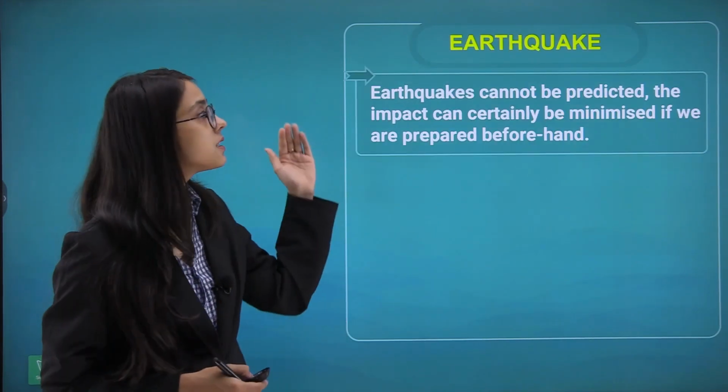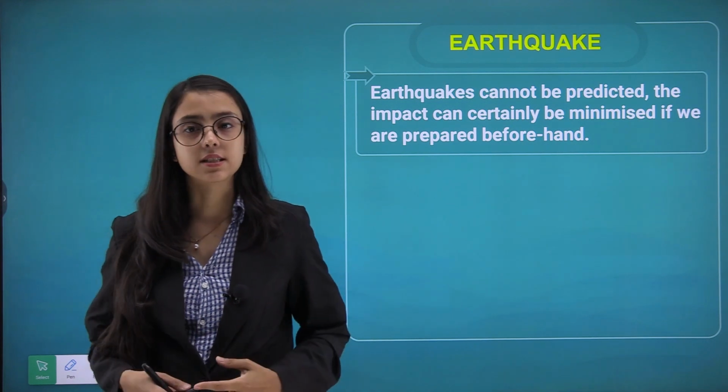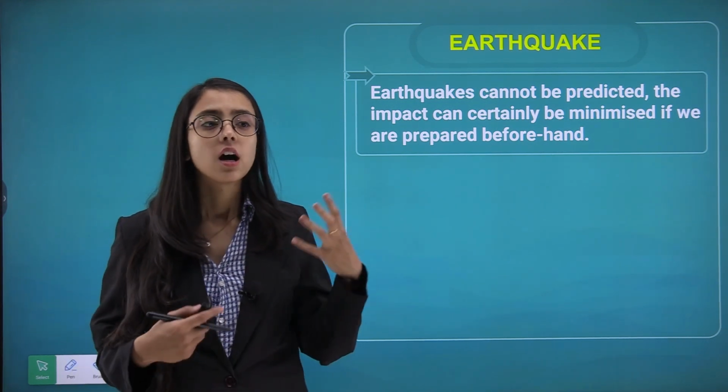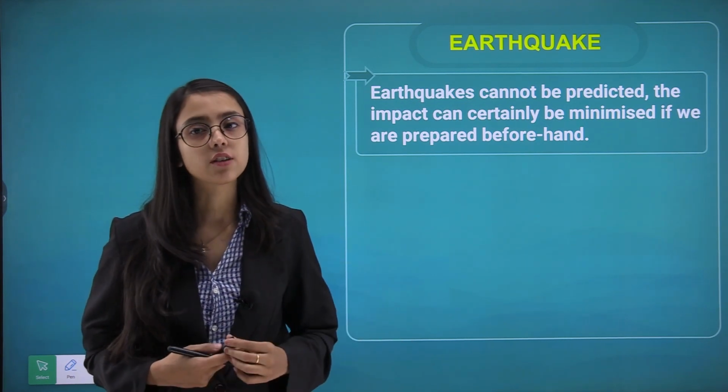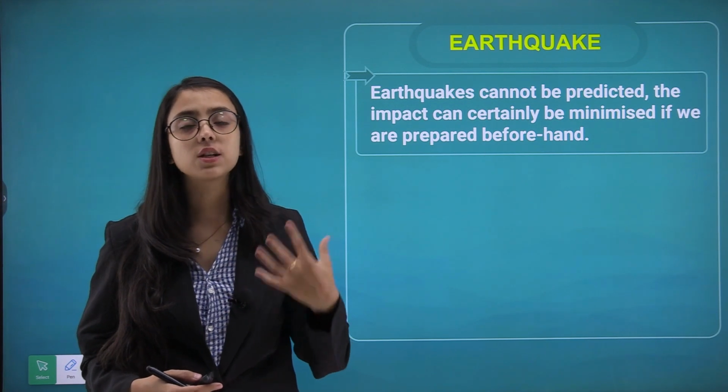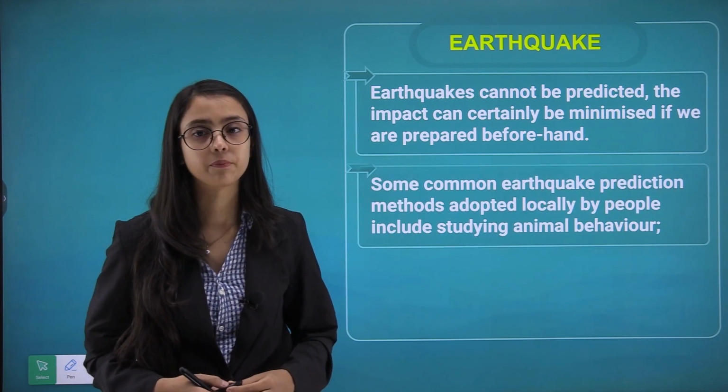Now, these earthquakes cannot be predicted, nor what impact they would have. However, the negative effects of earthquakes can be minimized, as we can always be prepared for them beforehand.